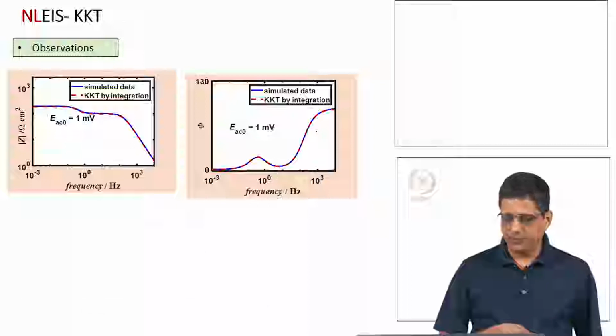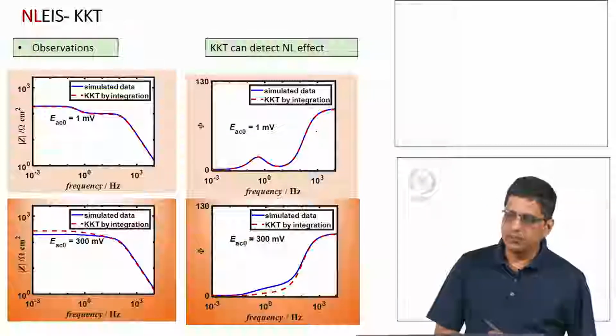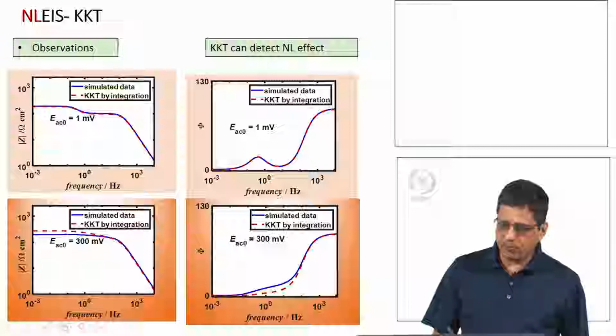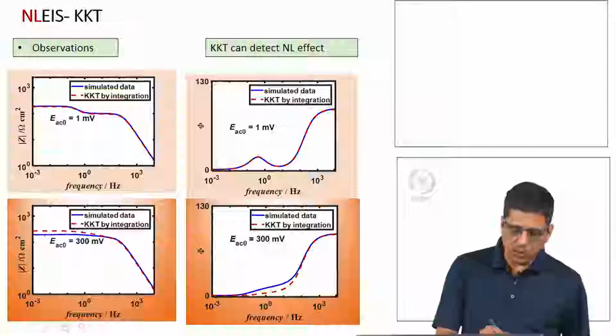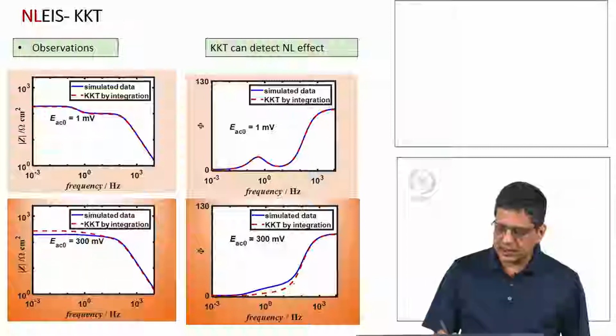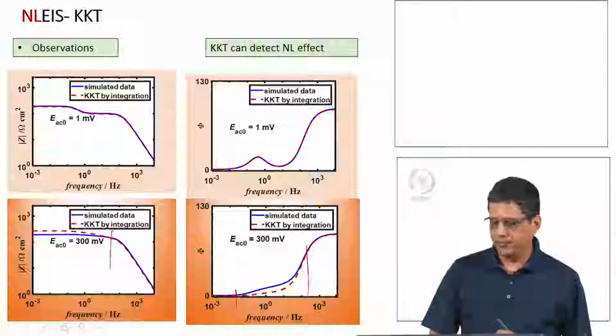So, we are fine. And if I take the data corresponding to 300 millivolt perturbation amplitude and plot the magnitude and phase as a function of frequency, it is a Bode plot, I can see that the original data, the blue color line, is different from the KK transform data. The transform data is the dashed red color line, and you can see that for mid frequencies and at low frequencies you see a clear difference.